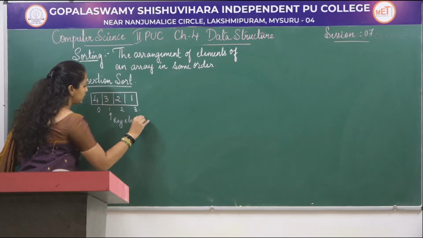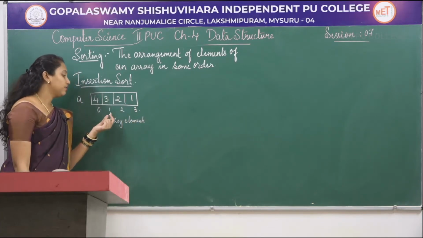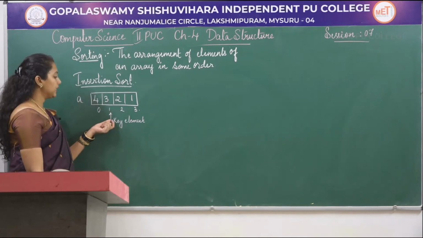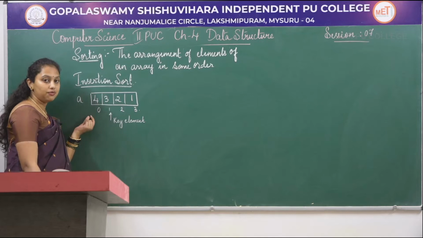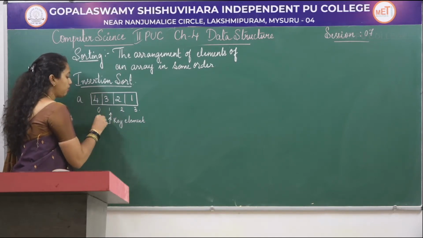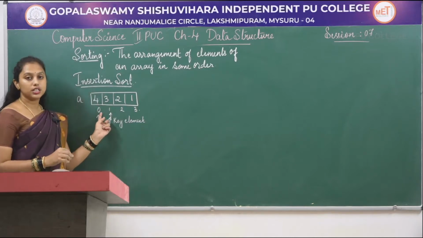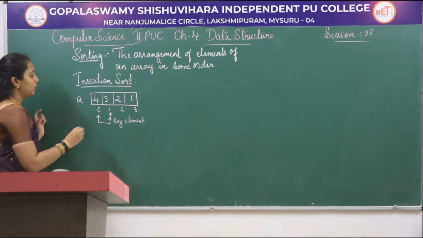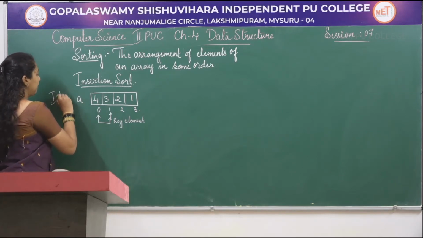We start the comparison from this position, comparing it with the left side of the key element, that is A of 0 and A of 1. So now let's start the comparison.